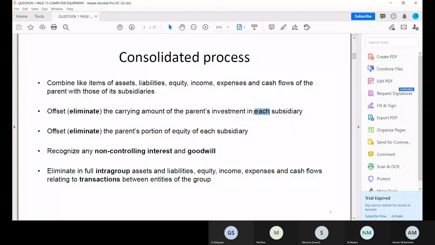The next procedure deals with the portion.